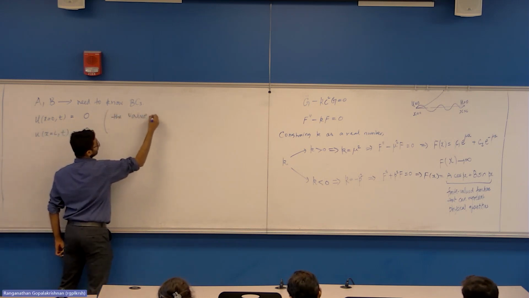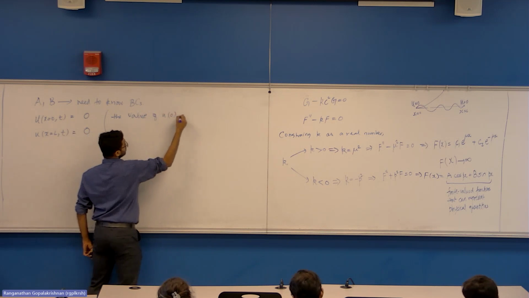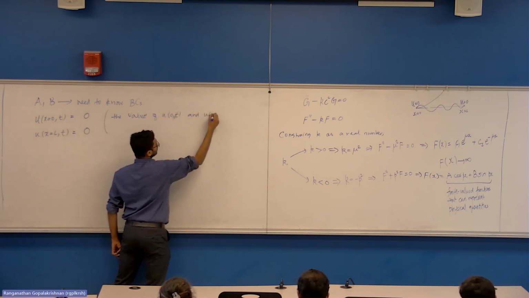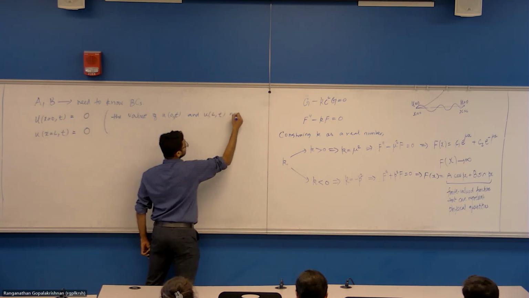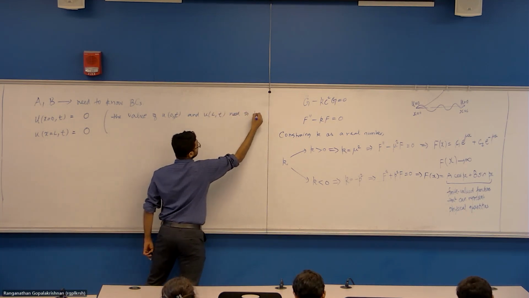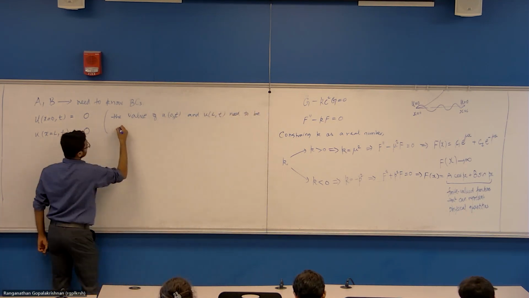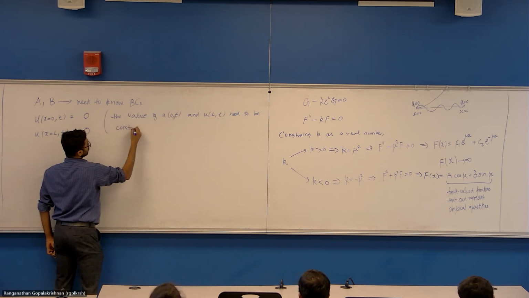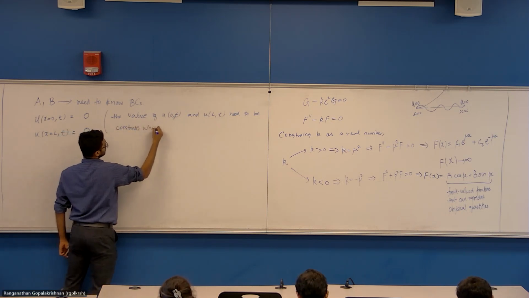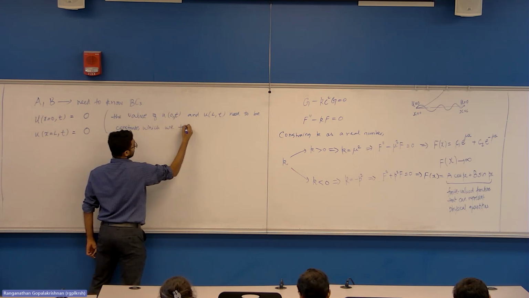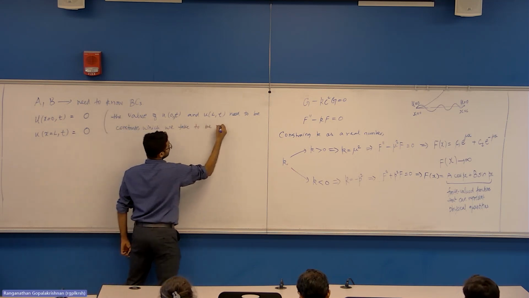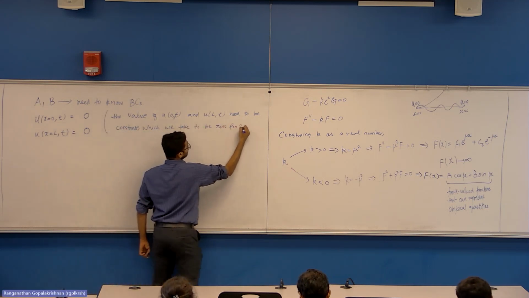The values of U of 0, comma t and U of L, comma t need to be constants, which we take to be 0 for simplicity.